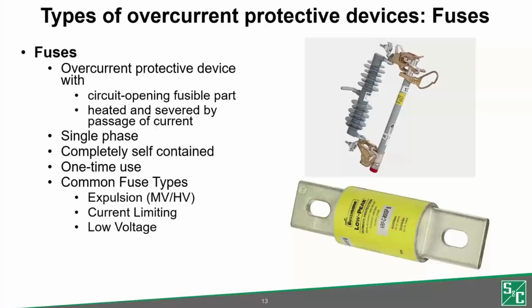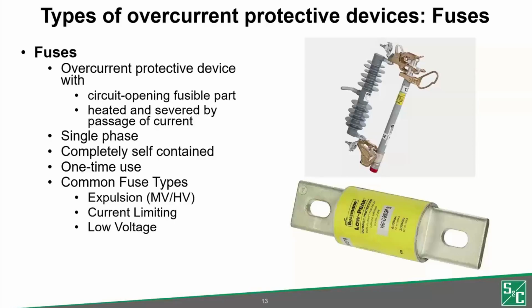The picture here on the top shows an expulsion fuse with a removable fuse element. That's an external fuse element that can be replaced after a fault has melted the fuse. Expulsion fuses and current limiting fuses are applicable for high voltage and medium voltage applications.